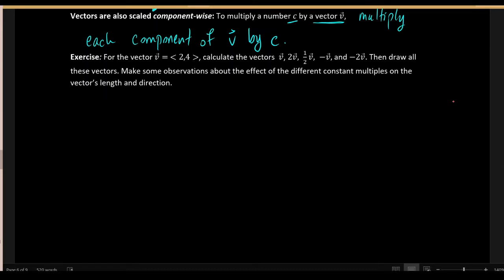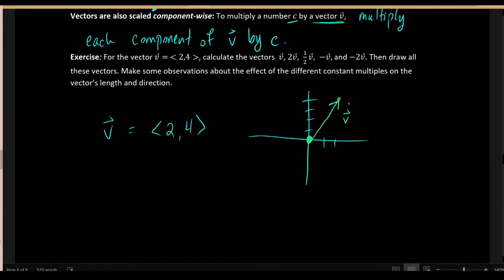Let's calculate and list the vectors v, 2 times v, 1/2 times v, -1 times v, and -2 times v. Then let's draw each of these vectors and let's see what we notice about the drawings. Okay. So to begin with, we have our original vector v, which is equal to 2, 4.